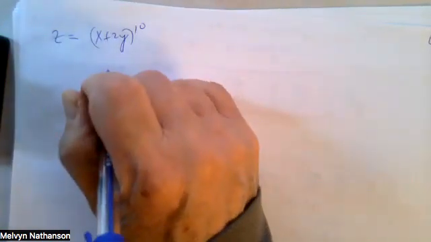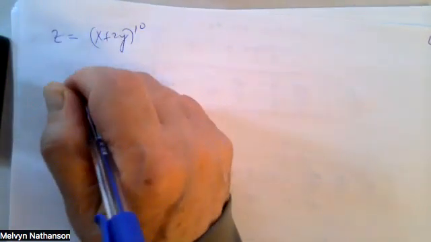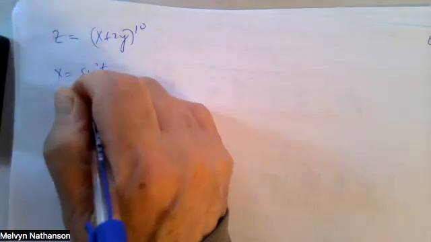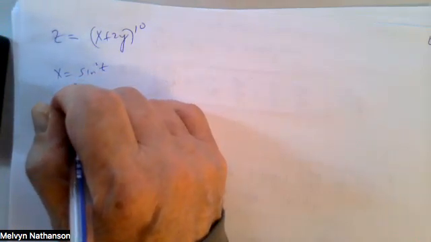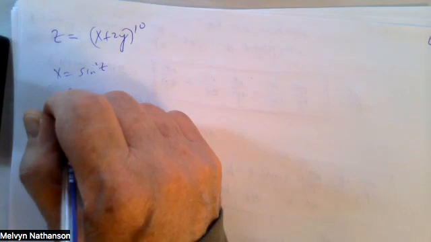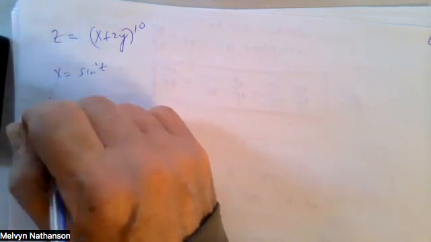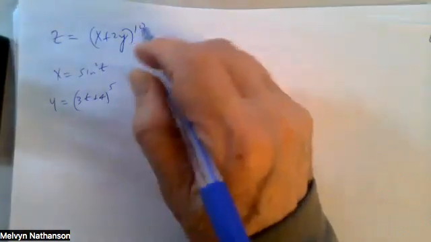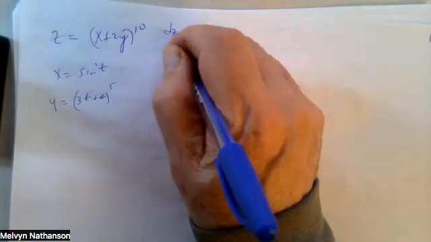Suppose we have the function z equal to (x plus 2y) to the 10th power, and x is sine squared t, and y is (3t plus 4) to the 5th. So the composite function is a function of t.